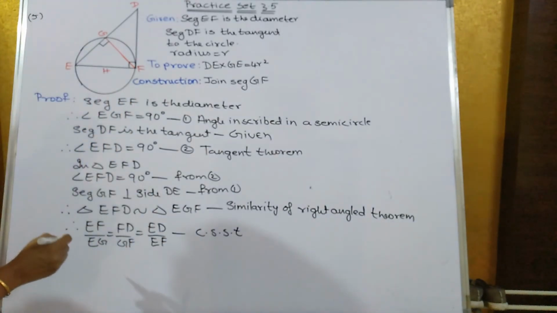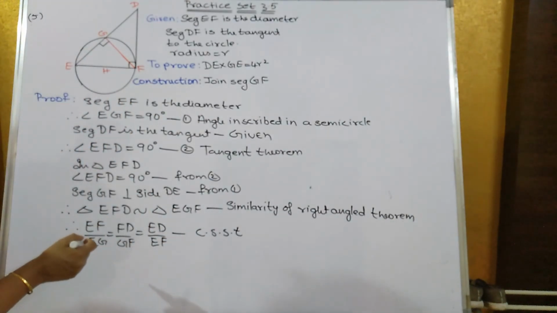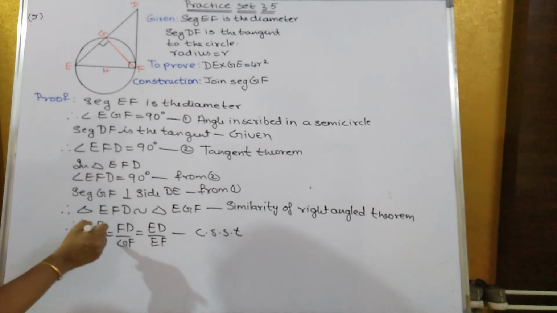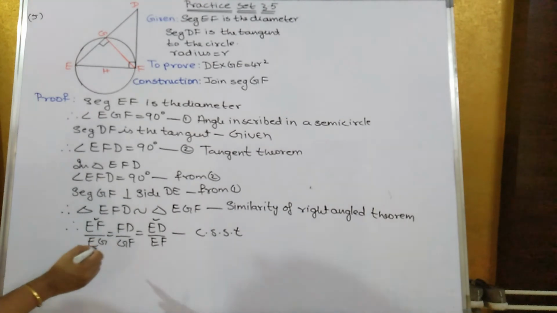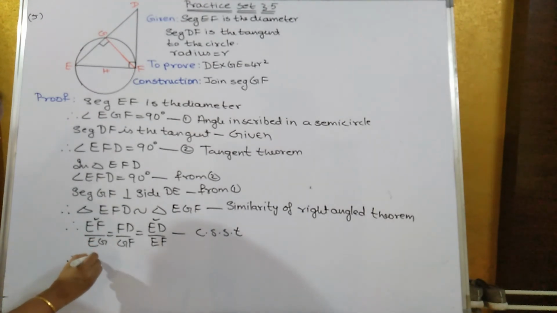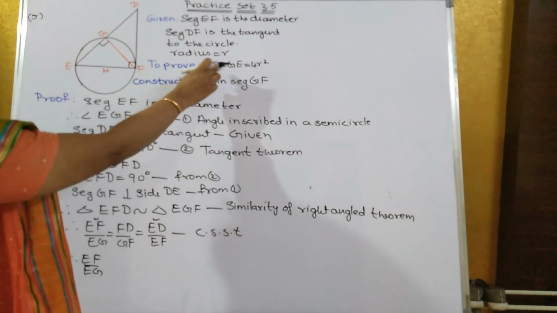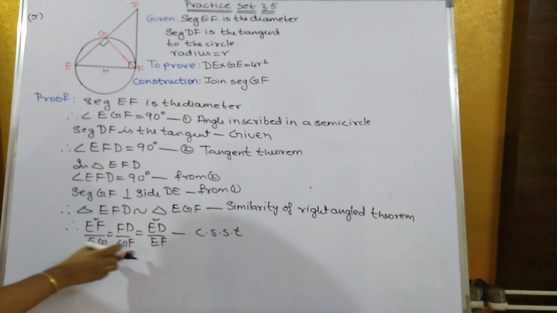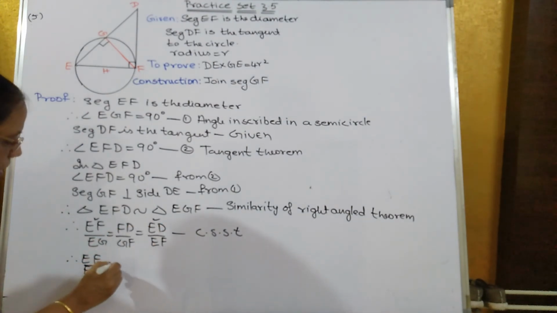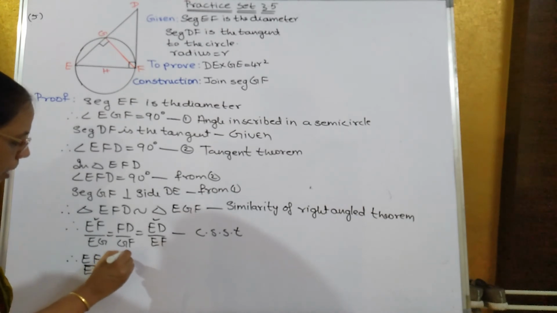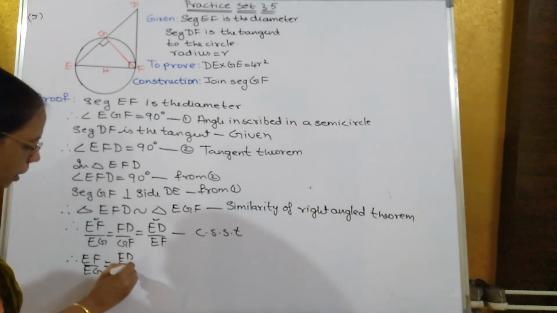Now take the ones which are required, that is EF, this one and this one. So EF upon EG, you can see from here that DE and GE are required, so that is equal to ED upon EF.